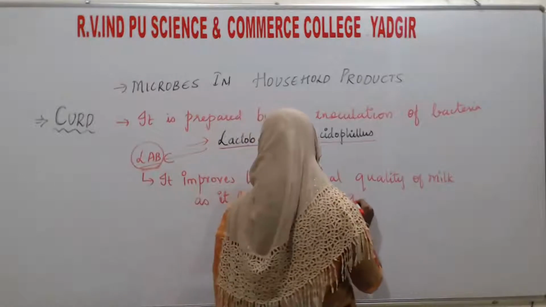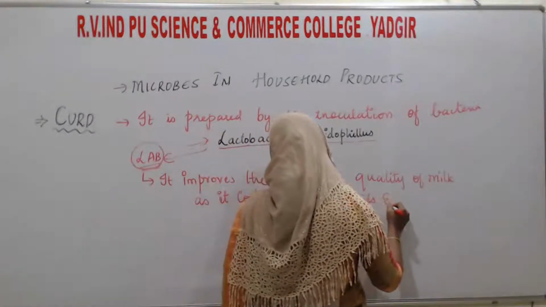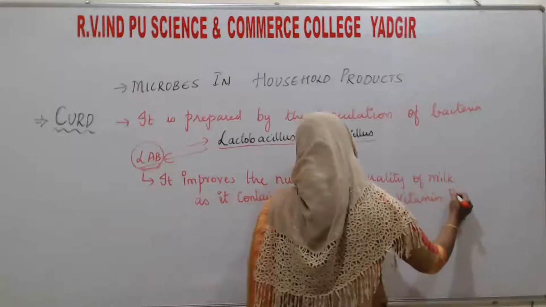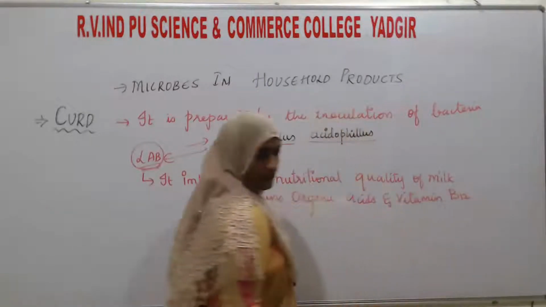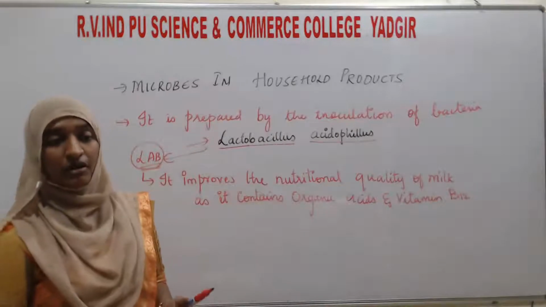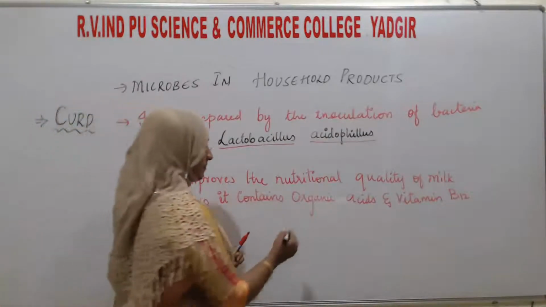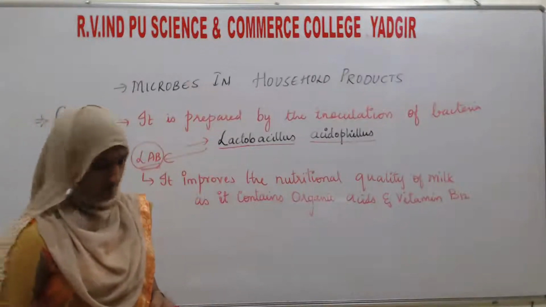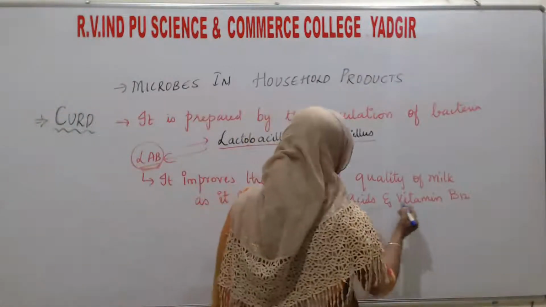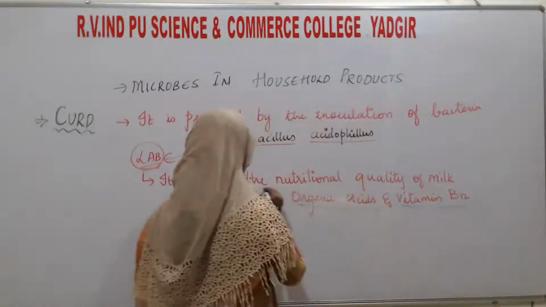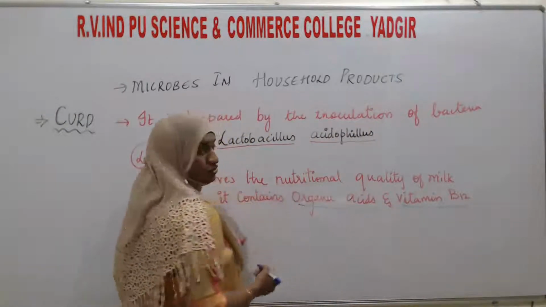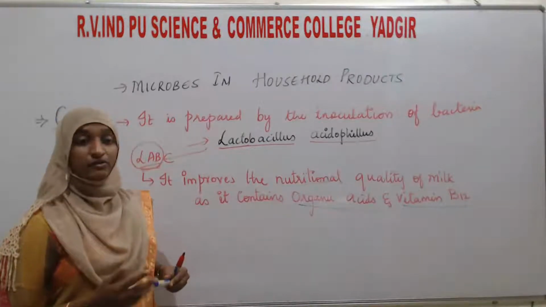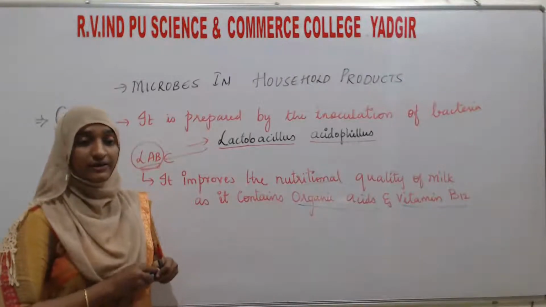Here, organic acids and vitamin B12, these are the things which are present in it. In this way, it is going to improve the nutritional quality of the milk. Who is going to improve the nutritional quality of milk?